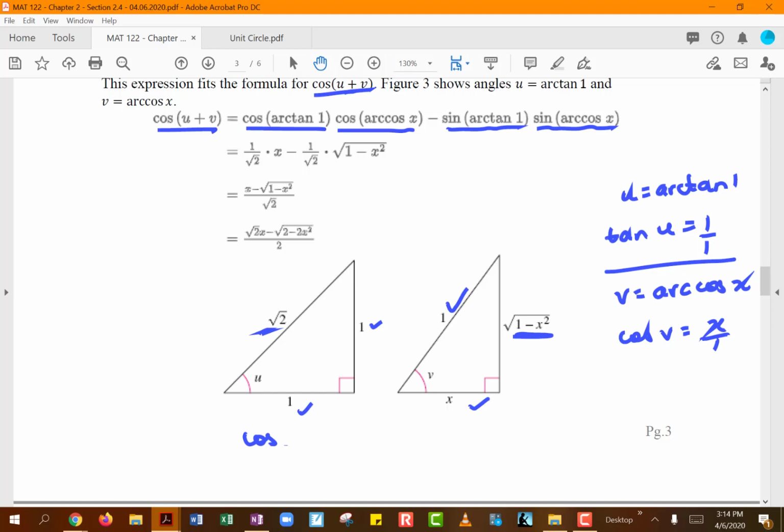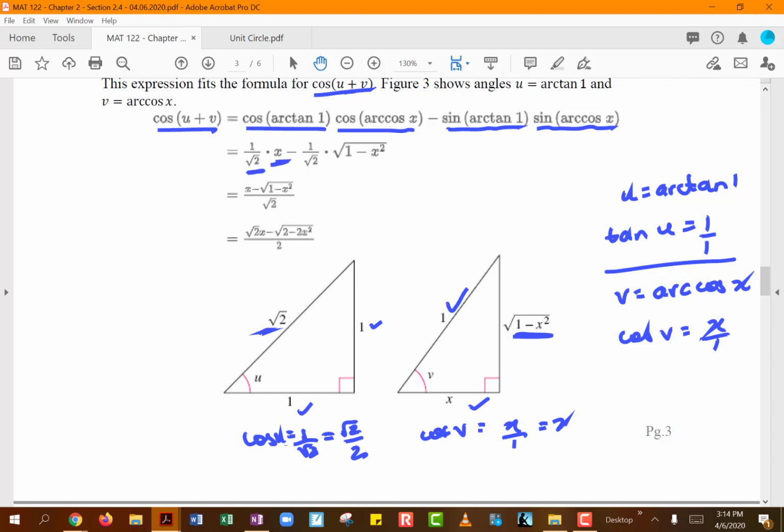Yeah, because we are trying to find cosine of angle u, which will be 1 over square root of 2, which will actually end up becoming square root of 2 over 2, but looks like they actually didn't rationalize the denominator. They just left it as 1 over square root of 2. And then for cosine of the v function, they're coming to the second triangle, which would be x over 1, which just comes out to be x, and that's where this x is coming from.